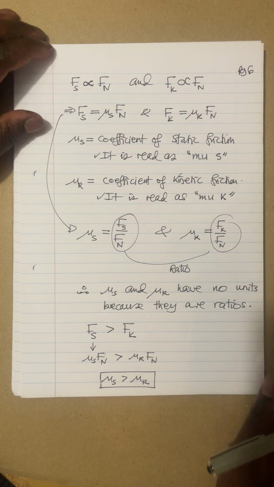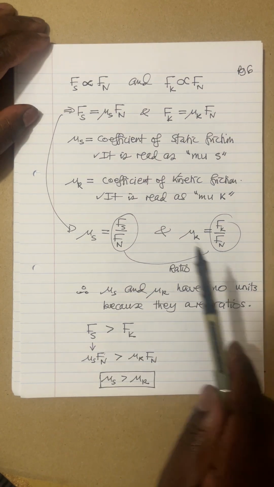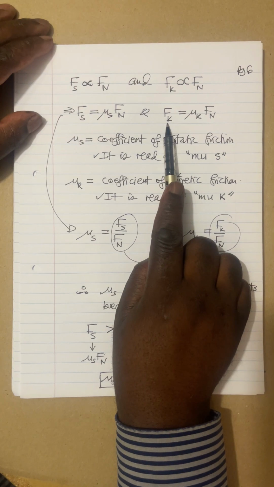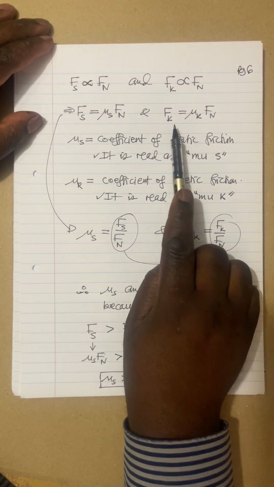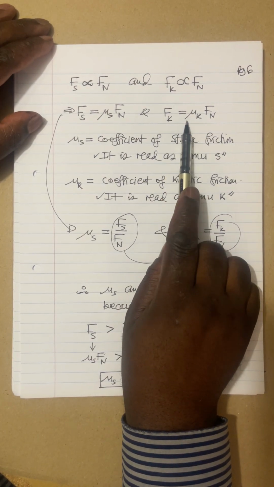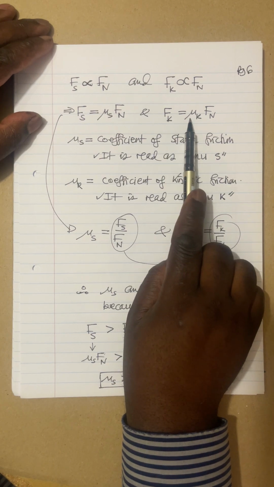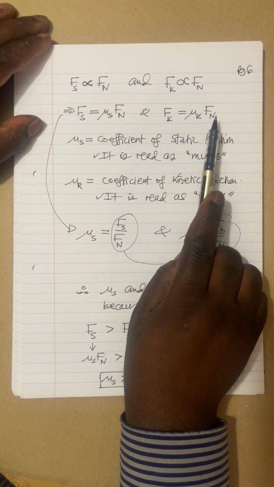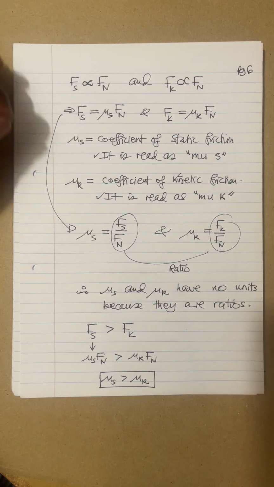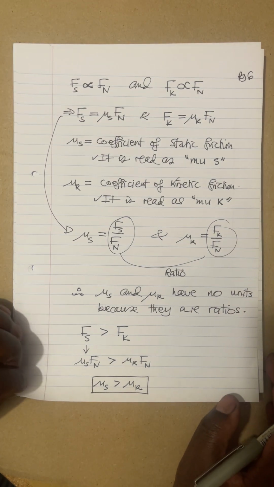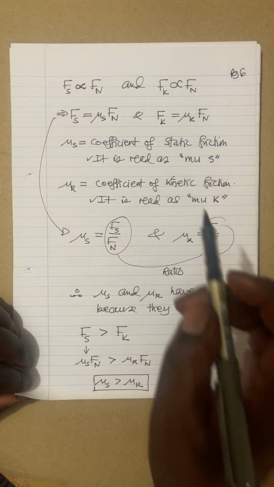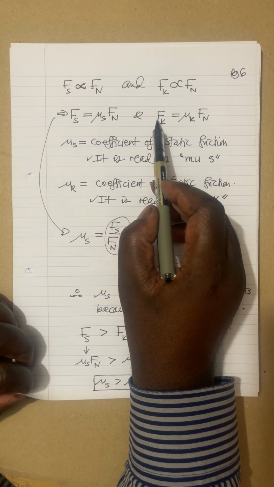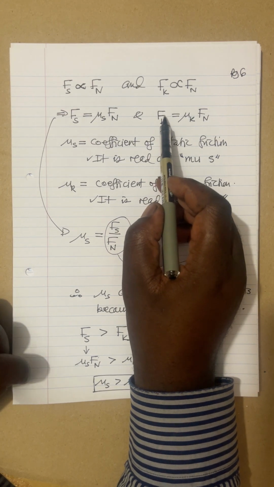Now, remember, I want to focus on this a bit more. Kinetic frictional force equals mu k times the normal force. Firstly, I want to look at how to determine this when an object is being pulled or when an object is being pushed.